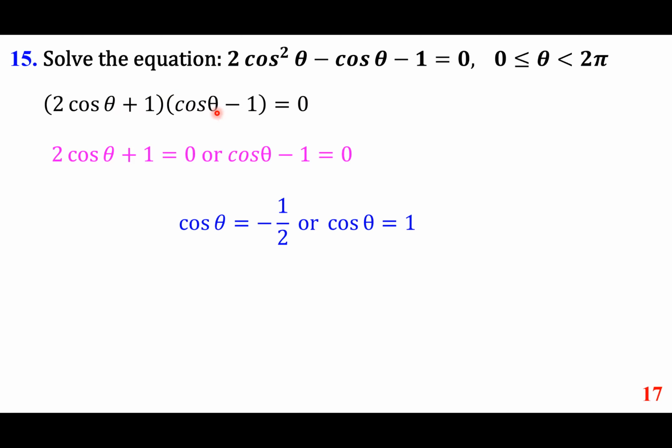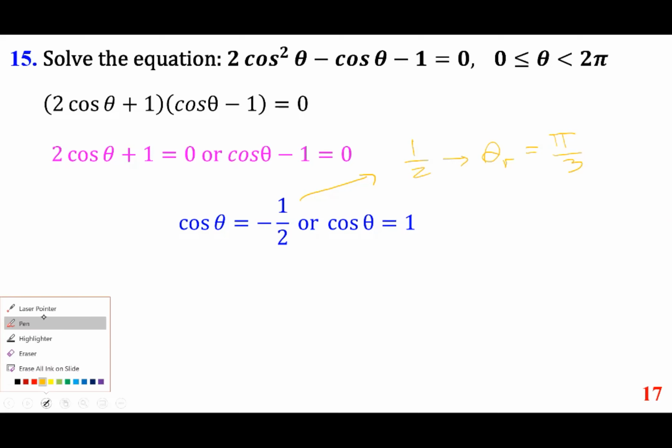Now, remember, if it's positive 1/2, that gives us the reference arc of pi over 3 for cosine. Because it's negative, it means the second quadrant, so pi minus pi over 3 makes it 2 pi over 3.